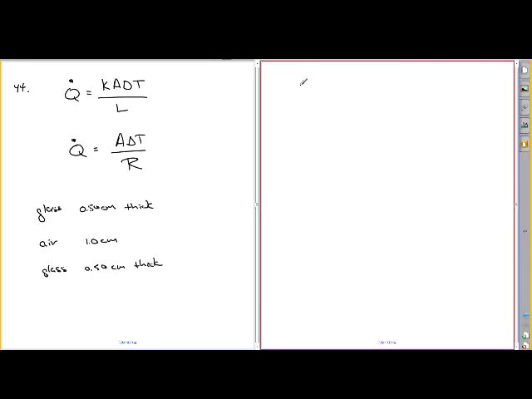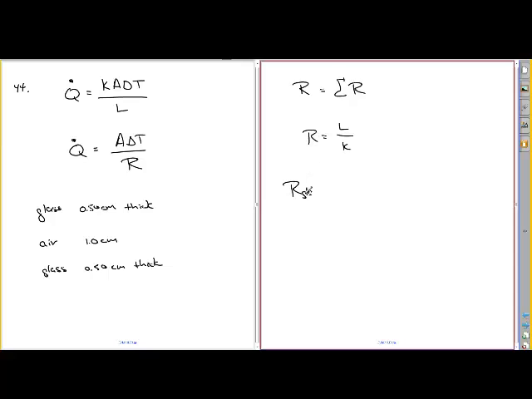Okay, what I was doing was just checking something. I thought it was kind of weird that they were using different units. So what they do is we still sum the R values together, but we calculate the R values for each one of these, and R is equal to L over K. So we're going to actually calculate the R values.